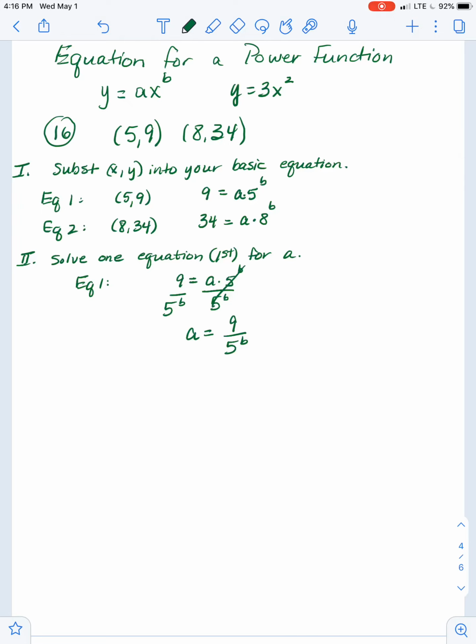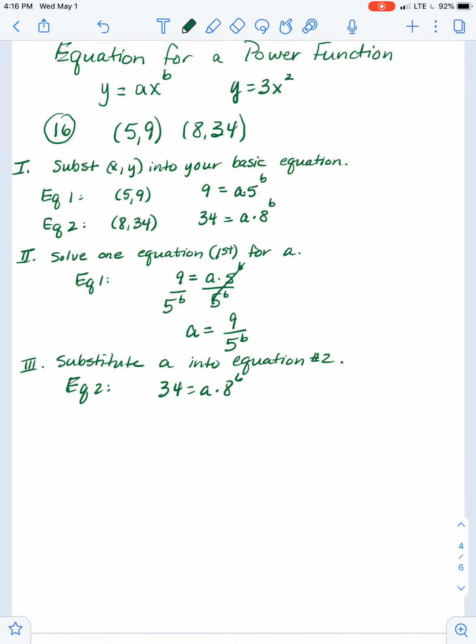Now, just like our last one, we're going to substitute a into equation 2. If you label those equations, it helps organize your thought process, so try to keep things organized and not chaos. Equation 2 was 34 equals a times 8 to the b. Sorry, that's not a 6, that's a b.